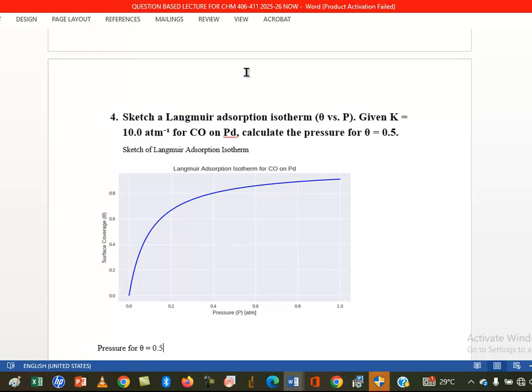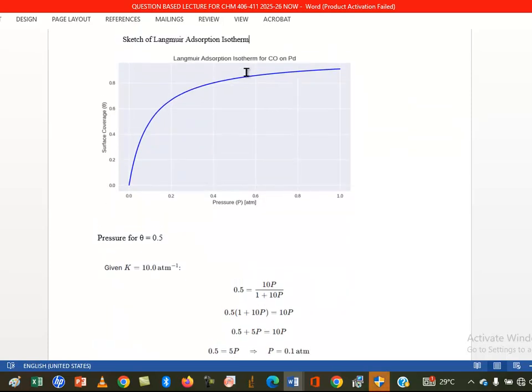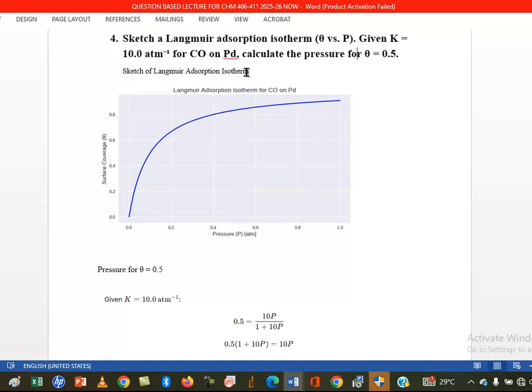Okay, now the second part of the question says calculate the pressure for theta equals 0.5. So you have been given K. So K is 10 per atmosphere. Now this is the equation you're going to use: theta equals Kp over 1 plus Kp.